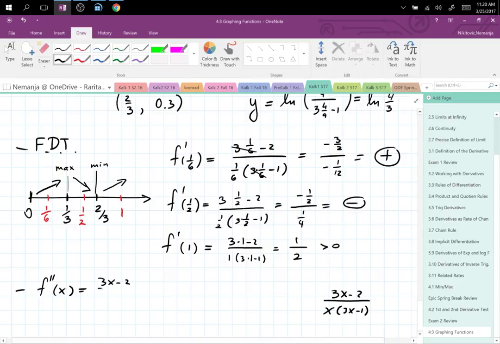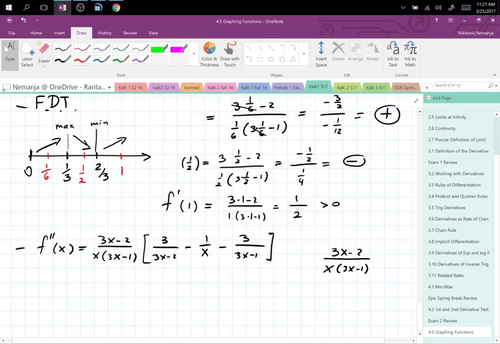So (3x minus 2) over x over (3x minus 1), times the logarithmic differentiation here gives us 3 over (3x minus 2) minus 1 over x, and then minus 3 over (3x minus 1). So that's the second derivative in factored form using logarithmic differentiation.